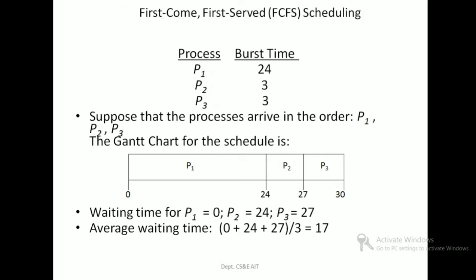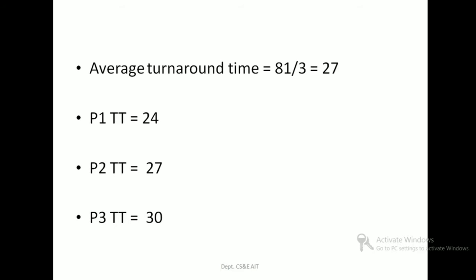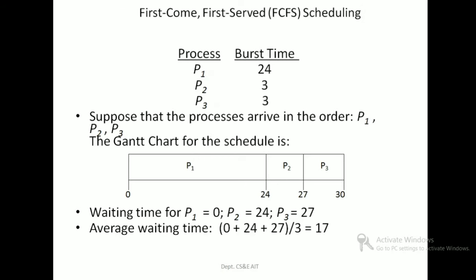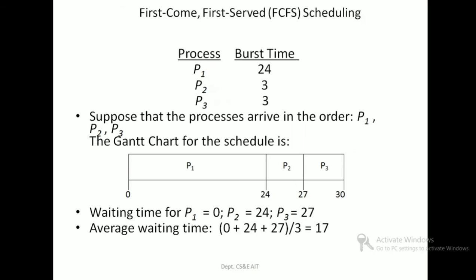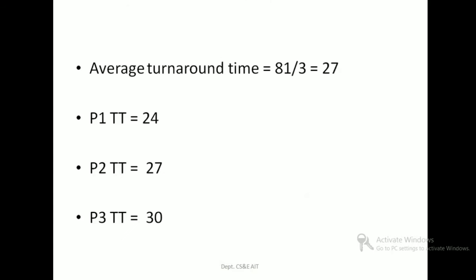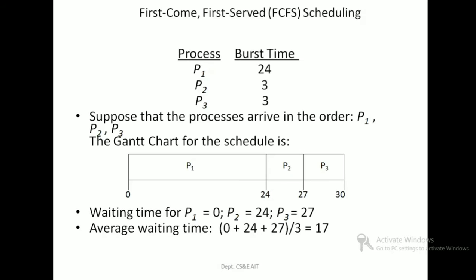So P1 is completed at 24, P2 is completed and gives up the CPU at 27 milliseconds, P3 is completed and gives up the CPU at 30 milliseconds. So the average of these three gives us the average turnaround time. This is the method of calculating your average waiting time and average turnaround time.